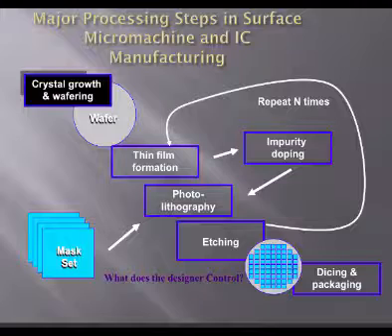Now, a lot of times a designer doesn't care. He draws it the way he wants it after etch. And then he sends his design to the factory. The factory's job is to offset everything to compensate for the process biases. So he sends a mask set that's exactly what he wants after the etch. So if he draws it 1 micron, he wants 1 micron after etch.